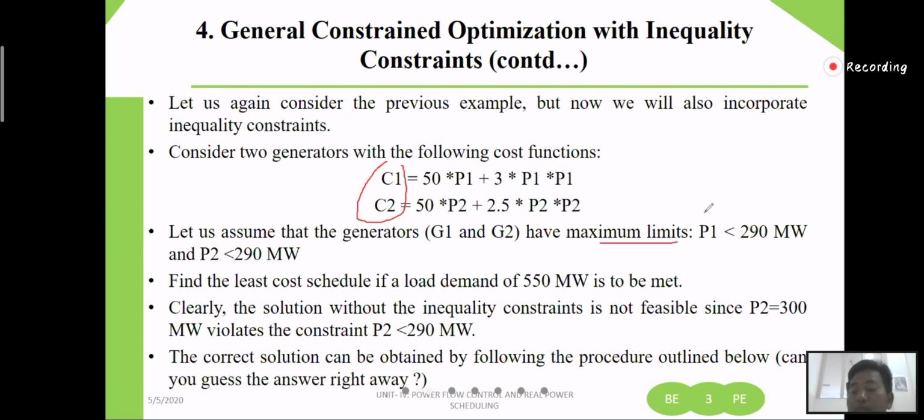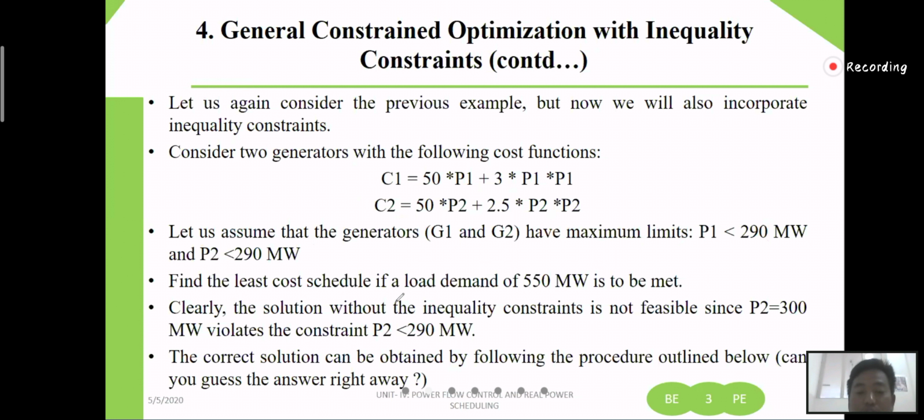P1 can generate at most 290 megawatt, and P2 also at most 290 megawatt. Now in such a case, find the least cost schedule if a load demand of 550 is to be met.